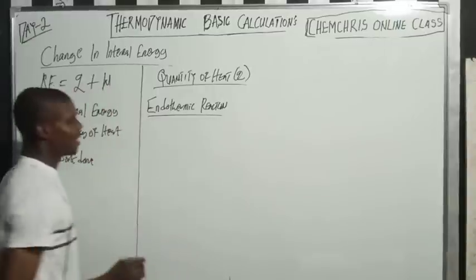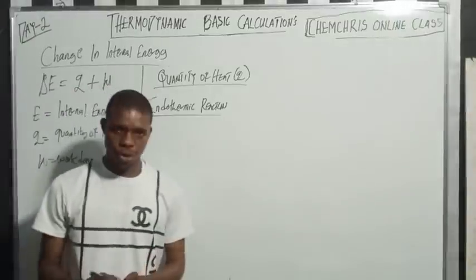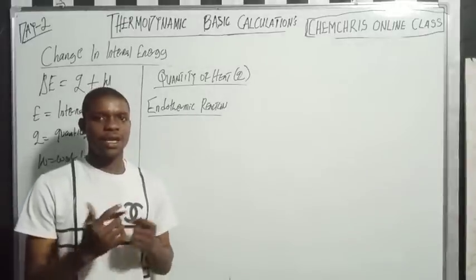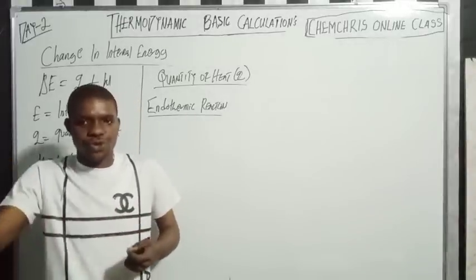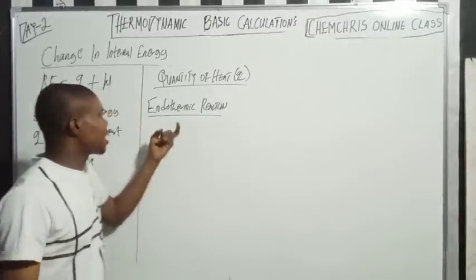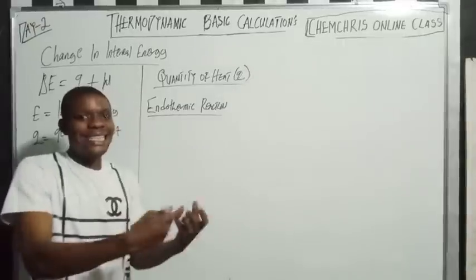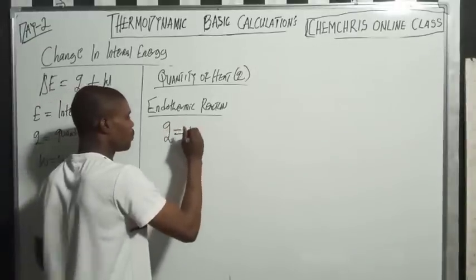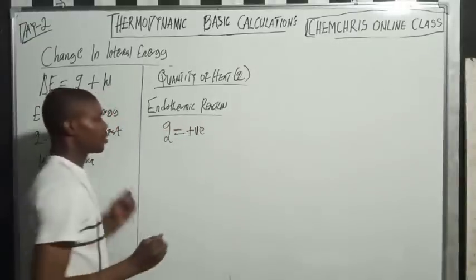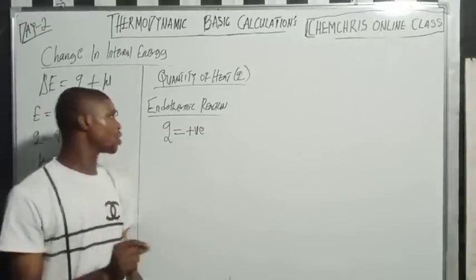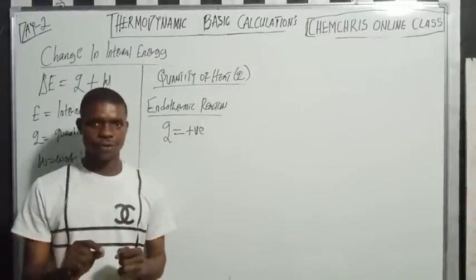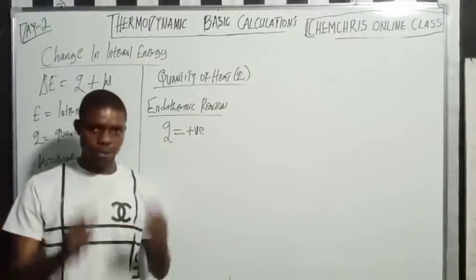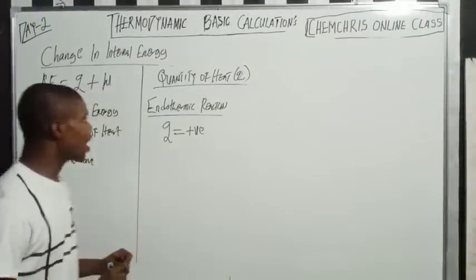In an endothermic reaction, heat is absorbed; the system absorbs it from the surroundings. So whatever is endothermic, heat is taken in, so Q is always positive. Do you understand?